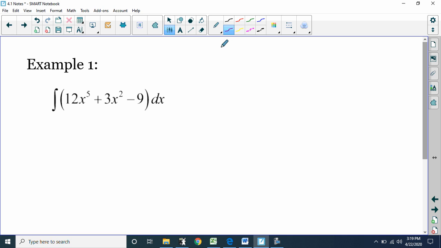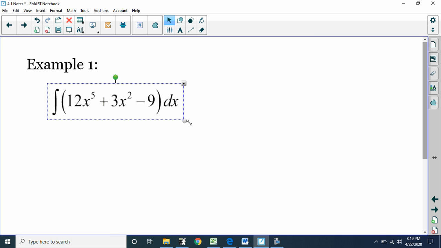So example 1, most of them will look more similar to this. Like derivatives, if we have various terms with a plus or minus in between, we can just take the integral of each individual term and then add or subtract them.